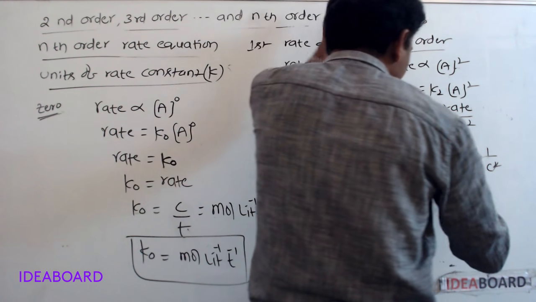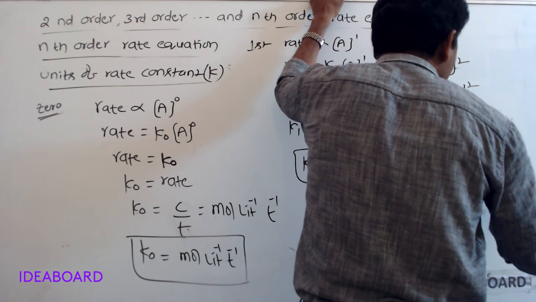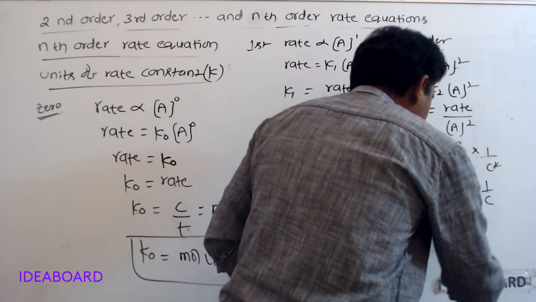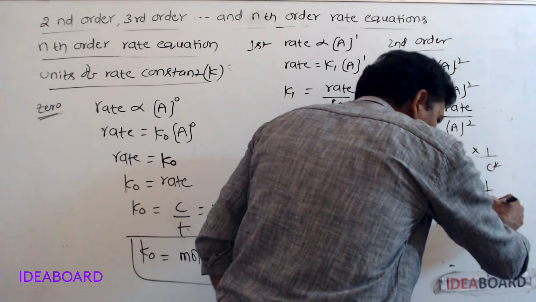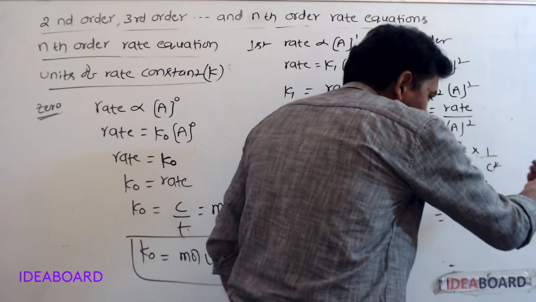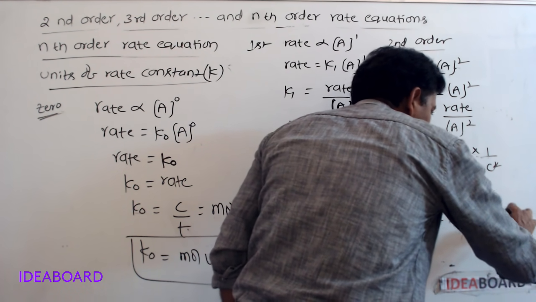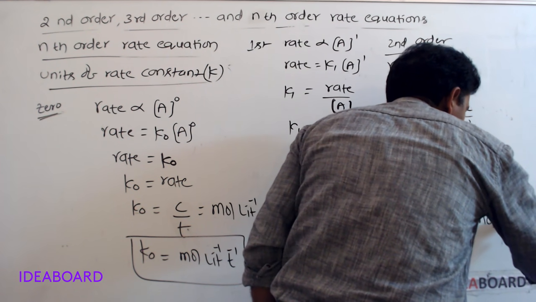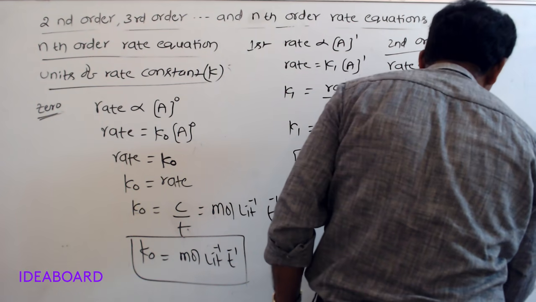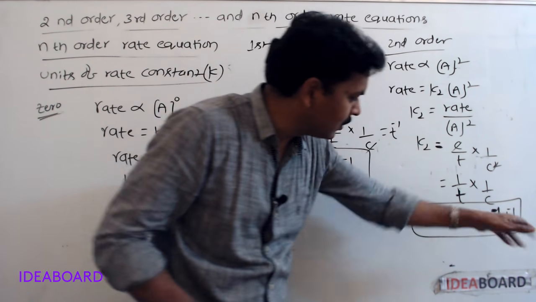Concentration will get cancelled. Then 1 by T into 1 by C: time inverse, and 1 by concentration. Concentration unit is moles per liter, so it becomes liter per mole, time inverse. So for second order reaction, rate constant units are liter per mole per time.